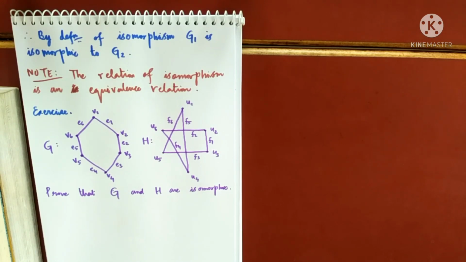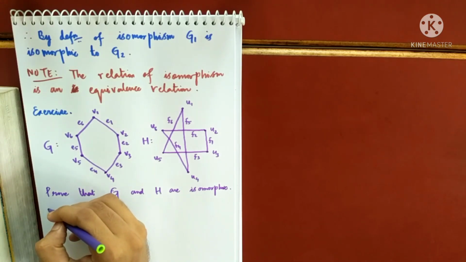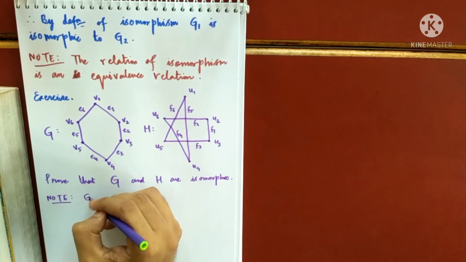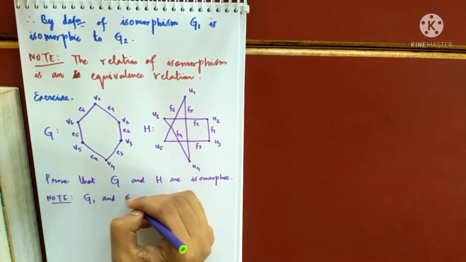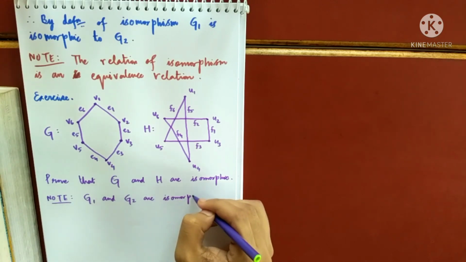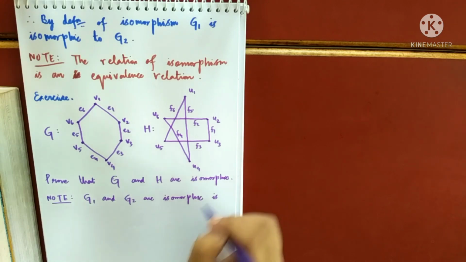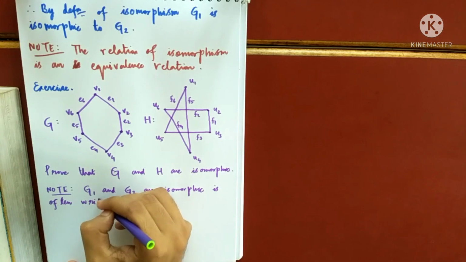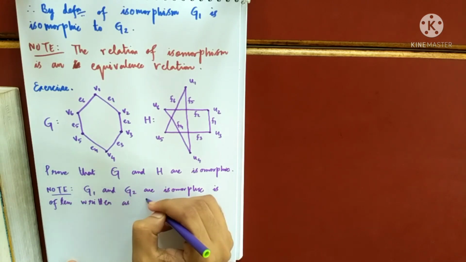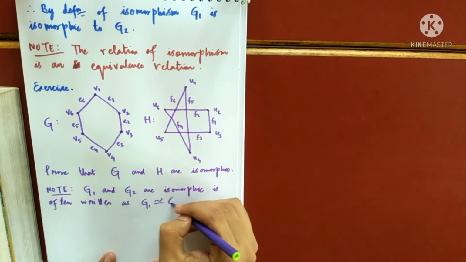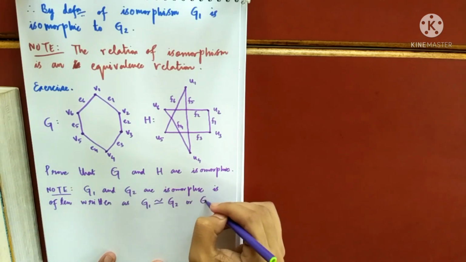Okay, easy. One more thing. Another note I will add in the list. G1 and G2 are isomorphic is often written as G1 like this. We use this symbol to mean isomorphic, or you can write G2 also in front, doesn't matter.